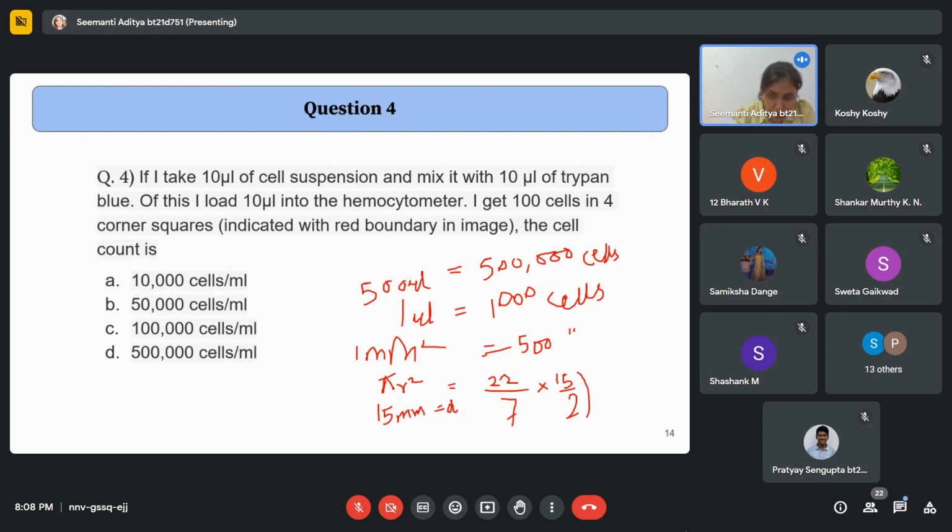Okay, so the area comes around 176.7 mm square.